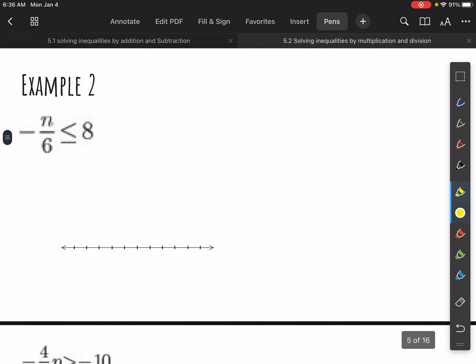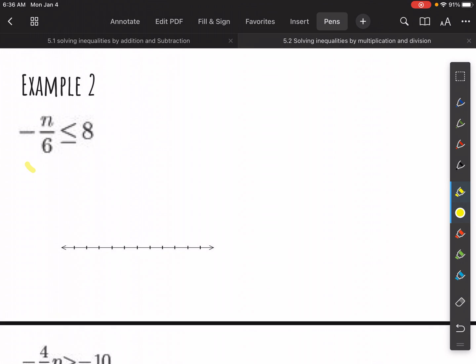So let's look at example 2. We have n divided by -6 is less than or equal to 8. To get n by itself, I now have to multiply both sides by a negative. If you multiply or divide across the inequality by a negative, you flip the sign.